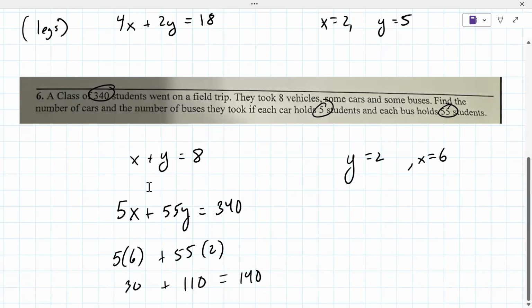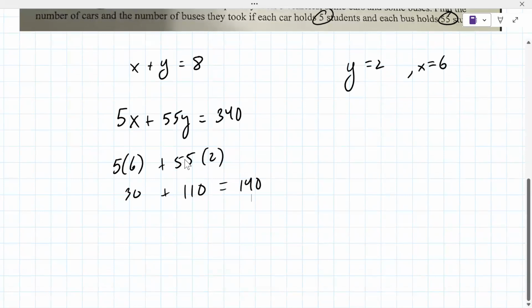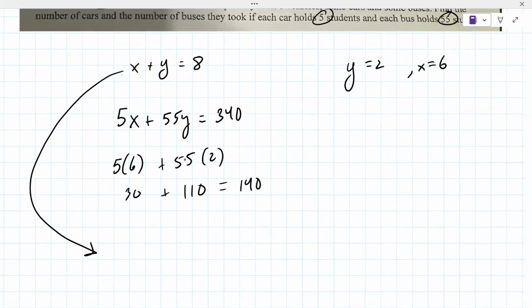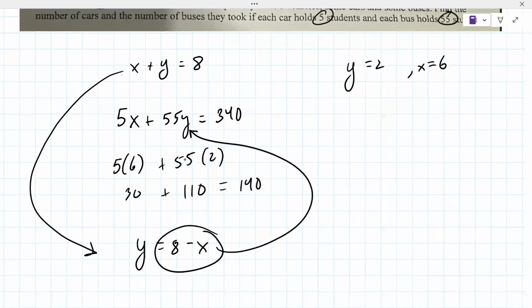When you're using substitution, did you solve this for x or y? I solved for y first. y equals 8 minus x. So that goes into the equation here. So it's 5x plus 55 times 8 minus x equals 340.